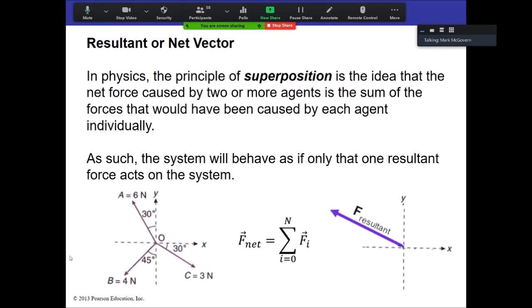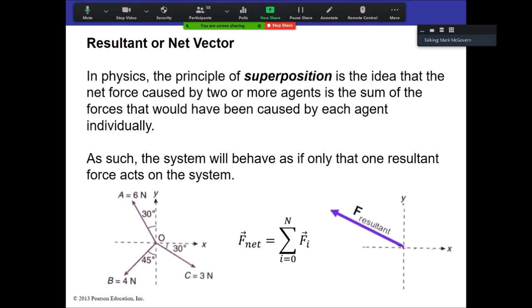So having these three vectors pull on something, you could create a net vector out of these three, and that would give you one single vector, and the system would behave the same as if it was being acted upon by that single vector instead of all three. That's what superposition means.